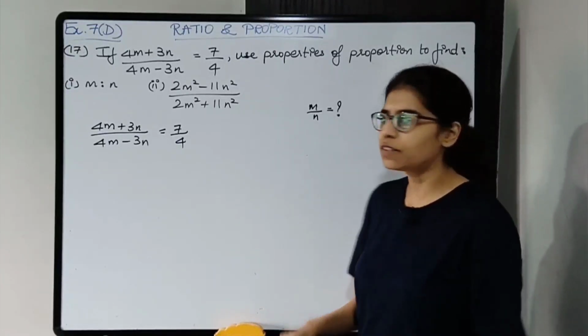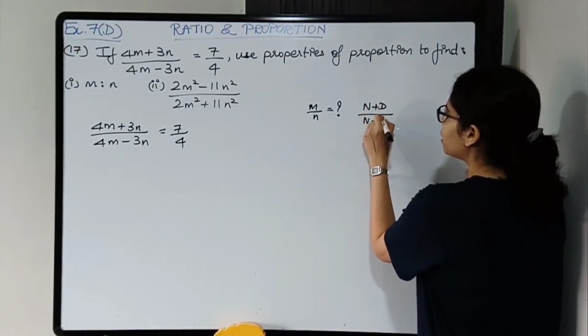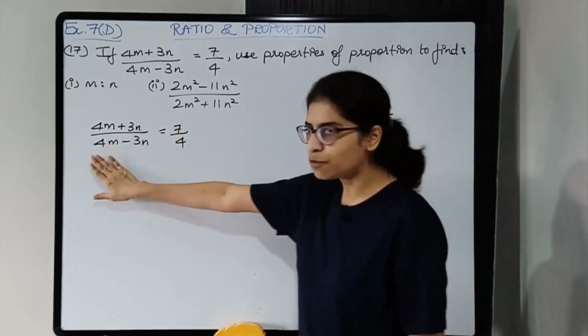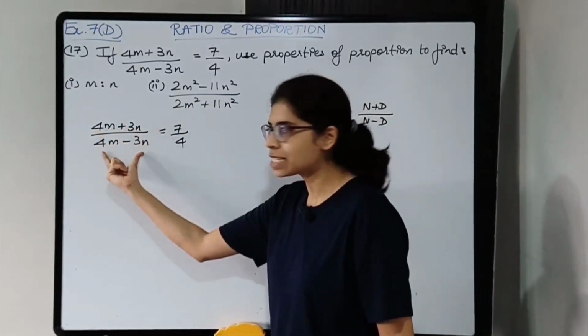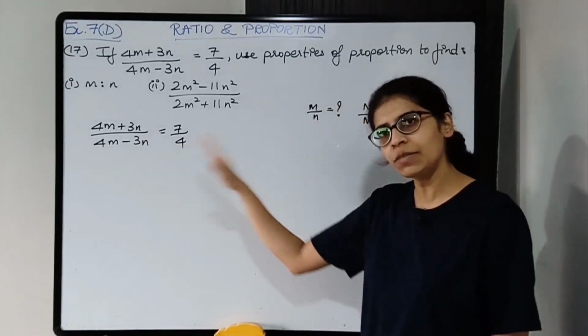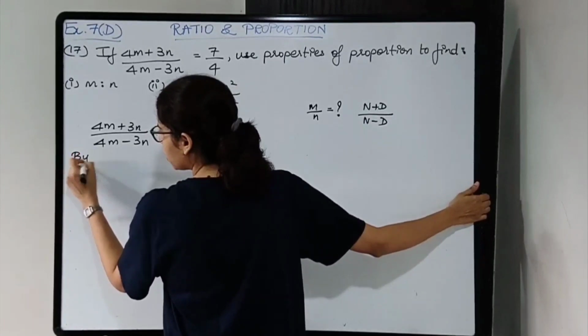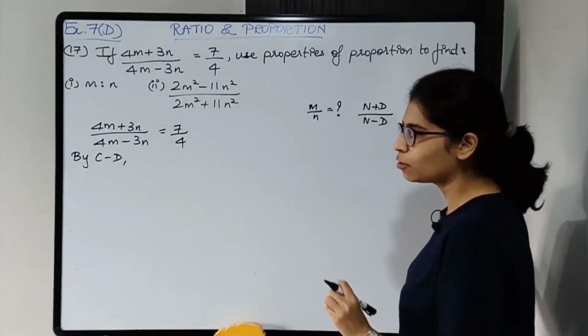What does componendo dividendo state? It is numerator plus denominator upon numerator minus denominator. So it is already in that form. Again we'll apply that: numerator plus denominator upon numerator minus denominator, same thing in RHS simultaneously. So by componendo dividendo, I'm not writing the full thing, you have to write down the full reason.